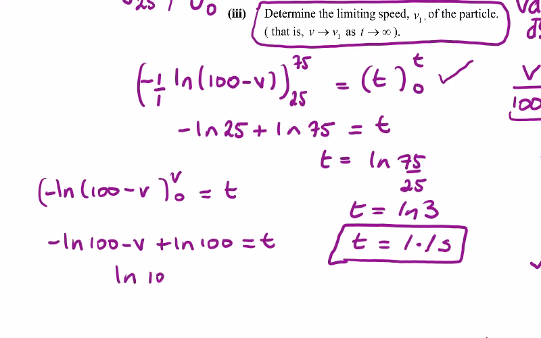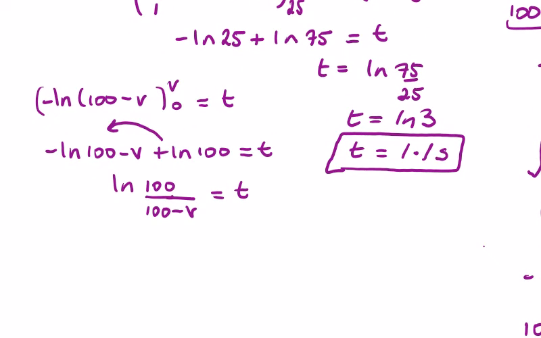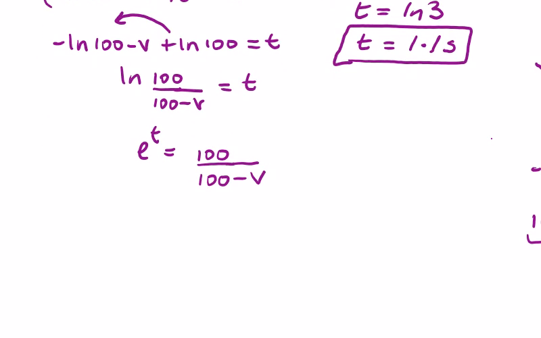So the natural log of 100 over 100 minus v is equal to t. Just obviously putting the plus 1 first, goes on top of the fraction. So e to the power of t will be equal to 100 over 100 minus v. We're looking for velocity, max velocity.